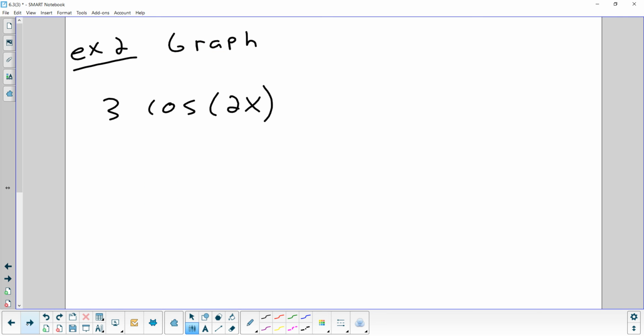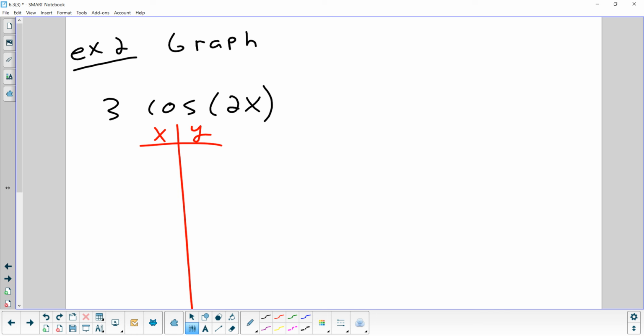All right, let's try this one. 3 cosine 2x. What type of transformation is the 2? What's that doing? Tyler? Period change. That's period change. Yep, changing the period.